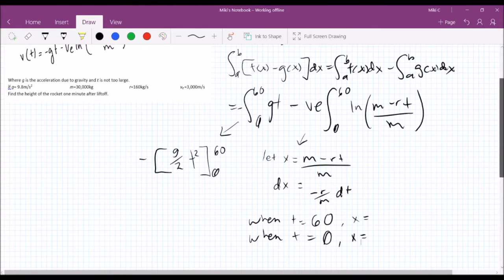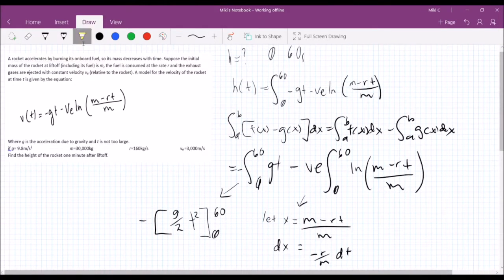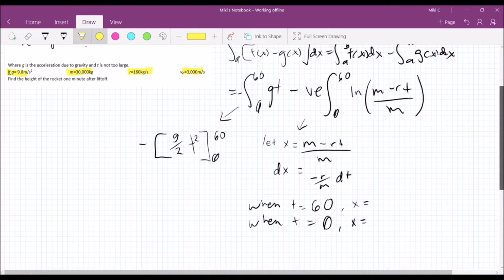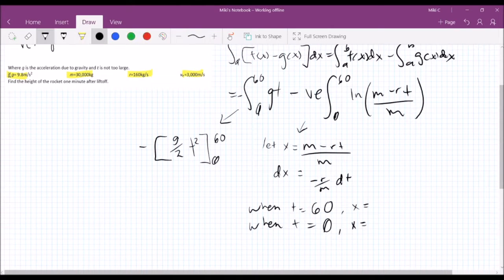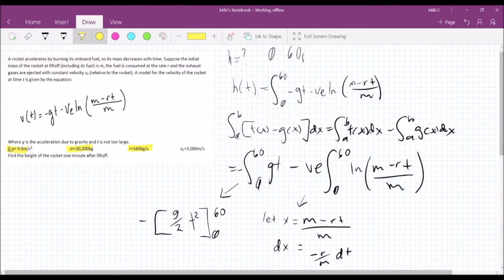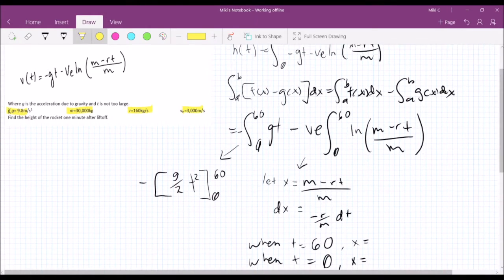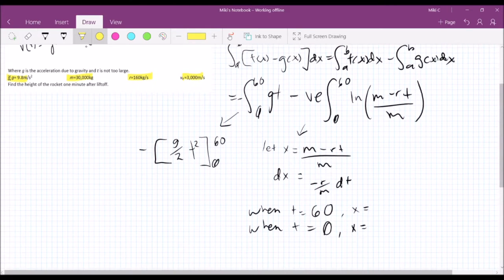In order to figure out exactly what that is, we're going to use the values that we've been given earlier. Since x is equal to m minus rt over m, we can just sub it in to figure out what x will equal when t is 60.